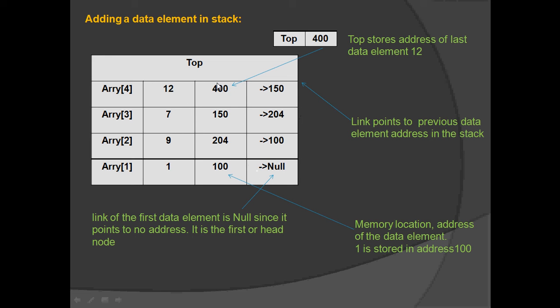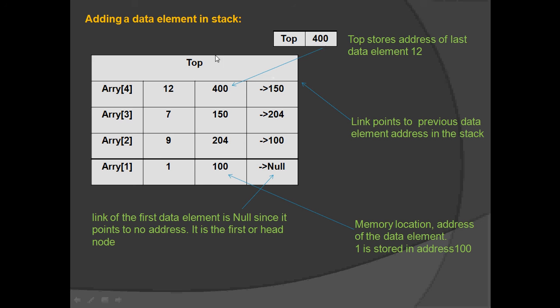And what about this link? Since the top is always left open, the top will store the address of the top array element, that is 400. Clear? Why is it stored here?